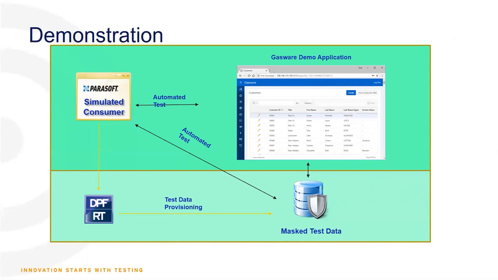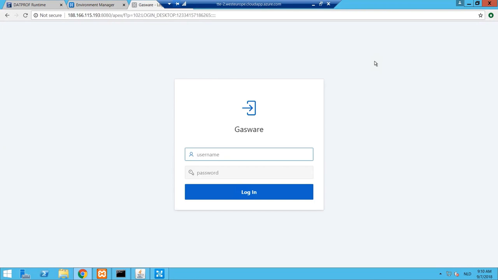And until it's finished, Parasoft SOA test doesn't do anything, and only once it's done, it will start running the actual test. So this is what we will start to see during the demo. First, I will log on to the demo application, the system under test.